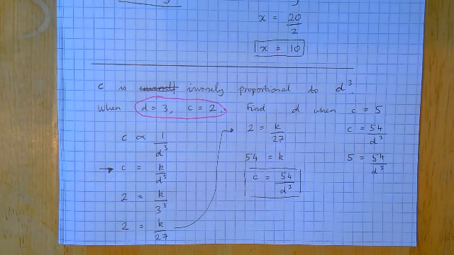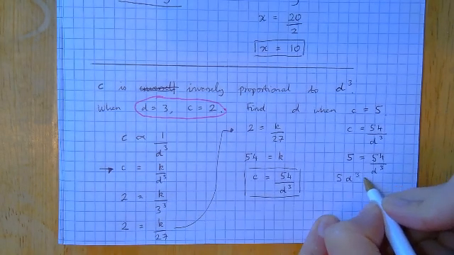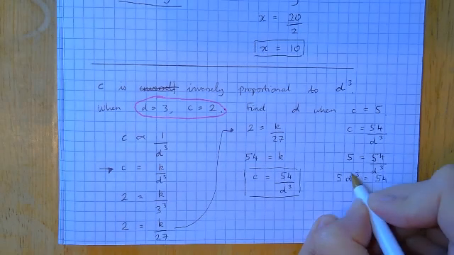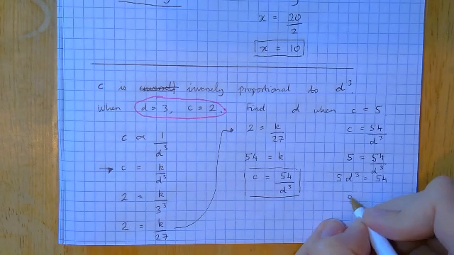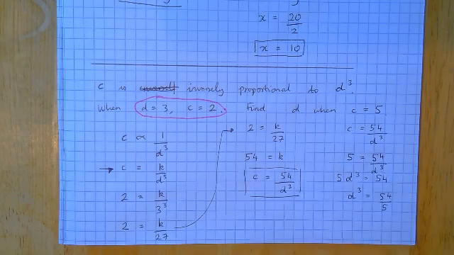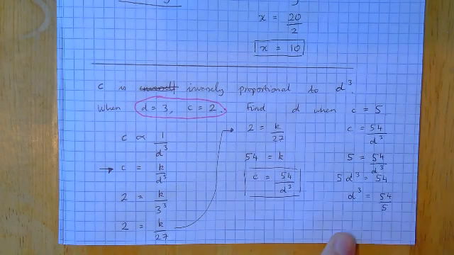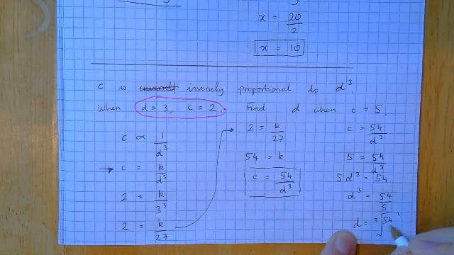The letter I'm trying to find is on the bottom of a fraction, so my next step is to get that letter off the bottom of the fraction. So I've got 5D cubed equals 54. So I'm going to divide by 5. And then I need to find D, so I'm going to cube root it.